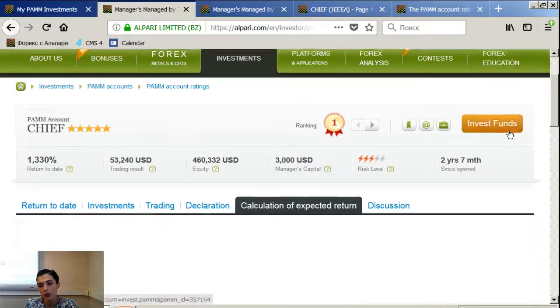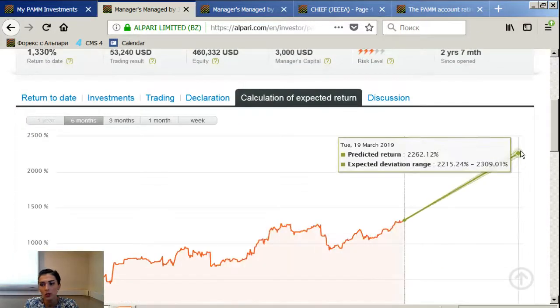Okay, calculation of expected returns based on the average numbers of the days when there were losses and profits, and predicted return. This is not like a forecast. It could change if something goes wrong with the manager's strategy.